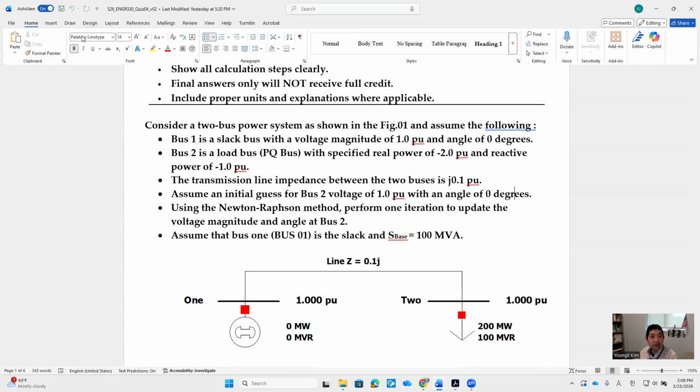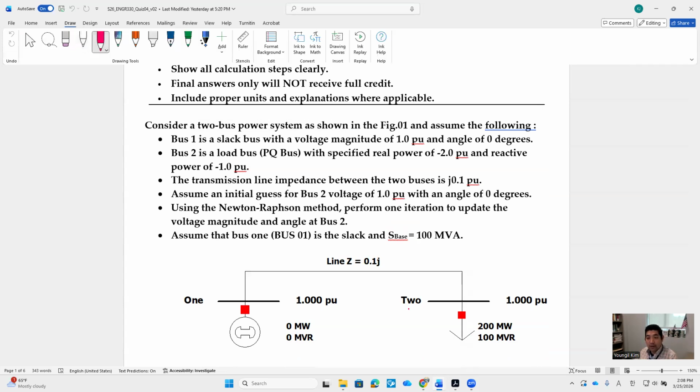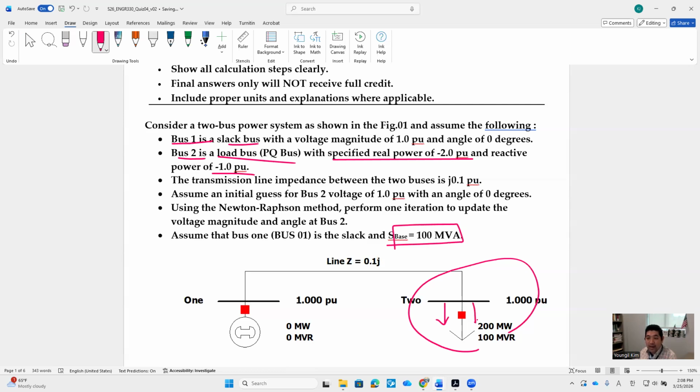I'm going to draw it here. Bus 1 is given as the slack bus, and bus 2 is the PQ bus, sometimes called the load bus. The specified real power is -2 per unit and reactive power -1 per unit. Why? Because the S base is 100 MVA, and loads are leaving the bus, so that is a negative value.